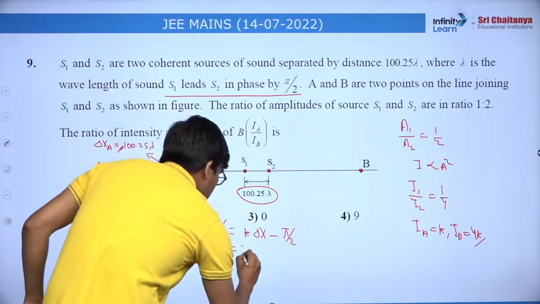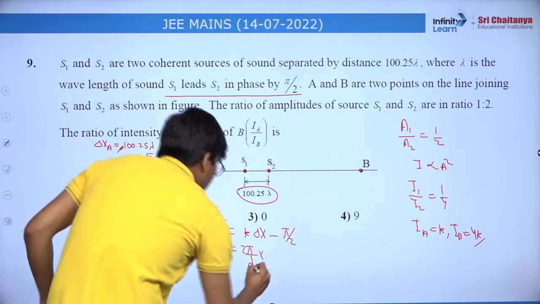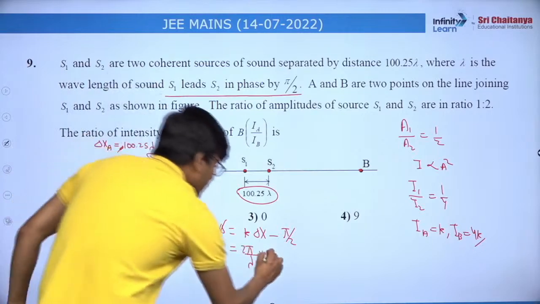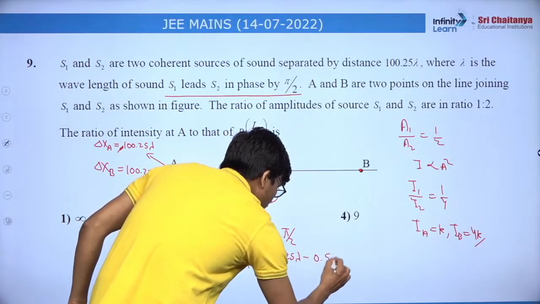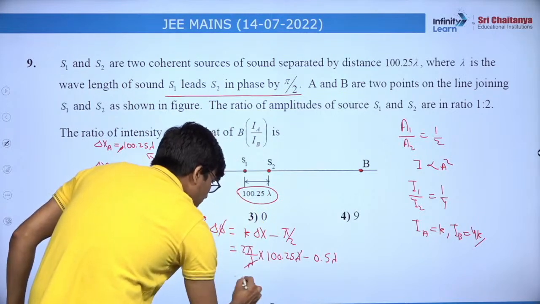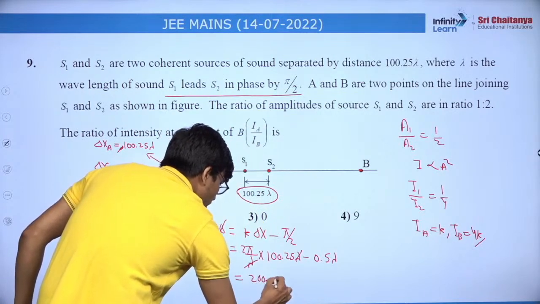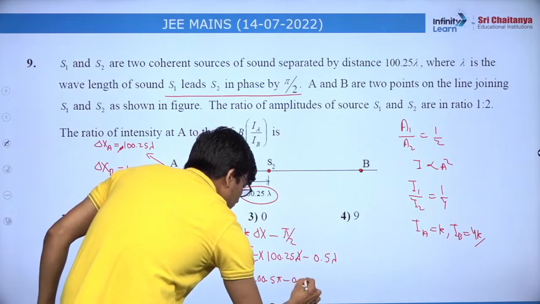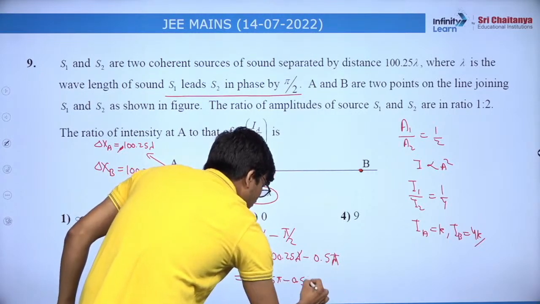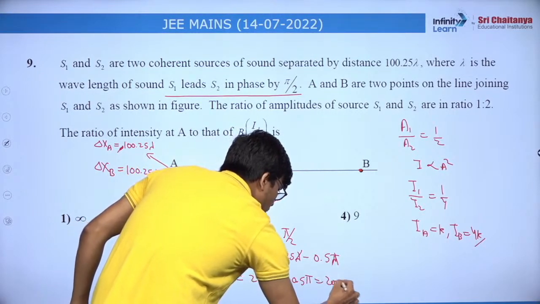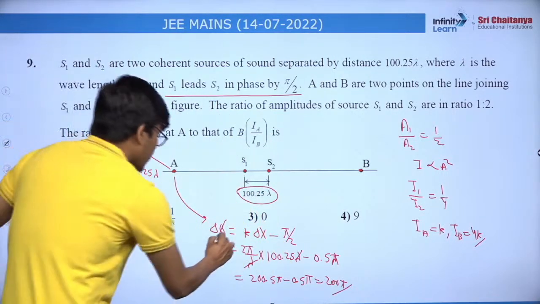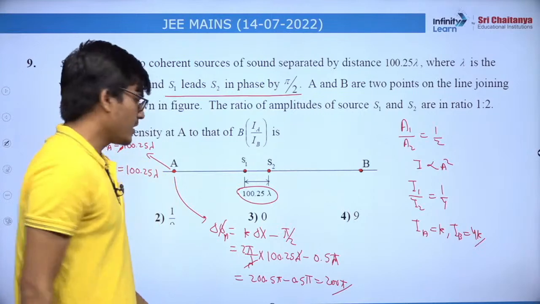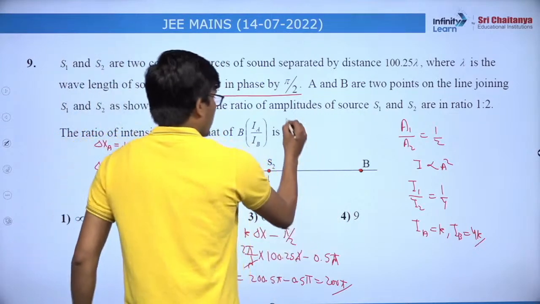So K is 2 pi by lambda, and delta x path difference is 100.25 lambda minus 0.5 lambda. Lambda will get cancelled. This is 200.5 pi minus 0.5 pi, that is equal to 200 pi. That is the phase difference at A. And what is the formula for intensity?